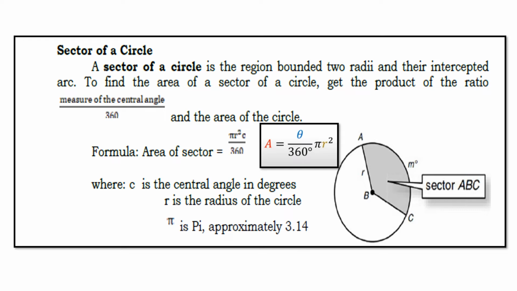Or pwede rin natin gamitin, pareho lang, the area of the sector is equal to theta over 360 degrees multiplied by pi r squared. Look at the figure. Yung shaded part is the sector ABC, where C is the central angle, r is the radius, and pi is approximately 3.14. So kahit alin dyan sa dalawa, pareho lang ang lalabas.